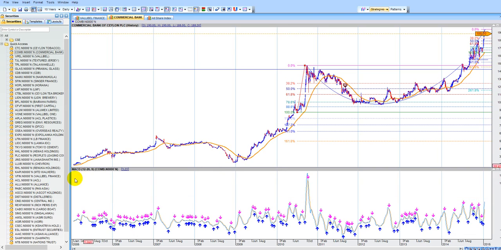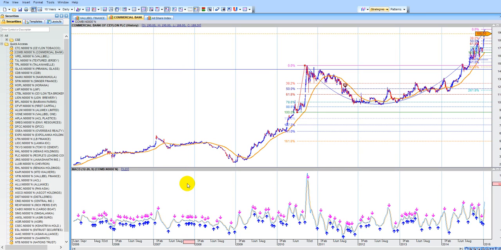Well, I'm having MACD. I'm using this particularly today for a specific purpose, just to indicate or to detect divergences. So there are two types of divergences. One is the positive divergence and the other one is a negative divergence.